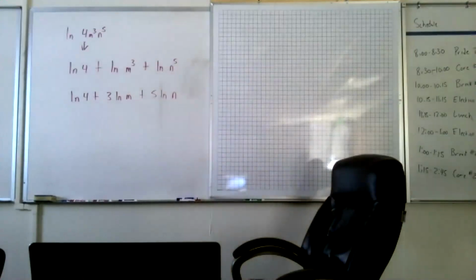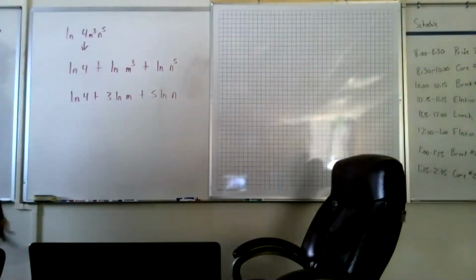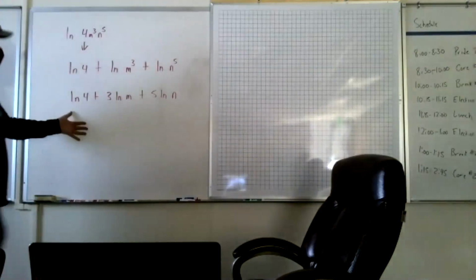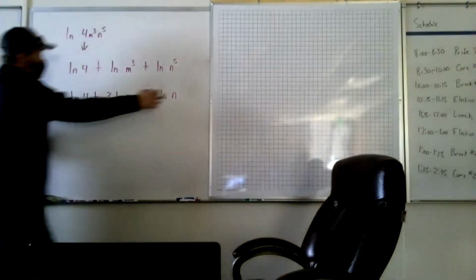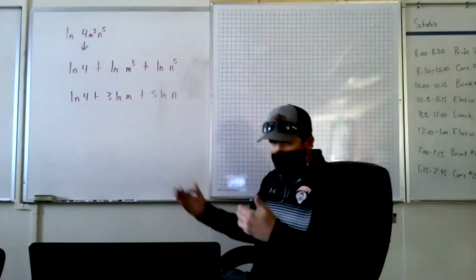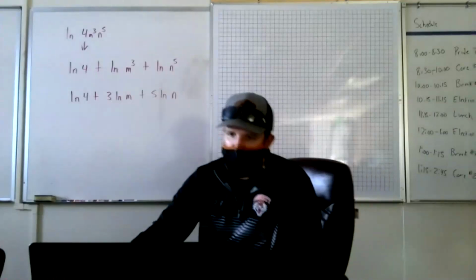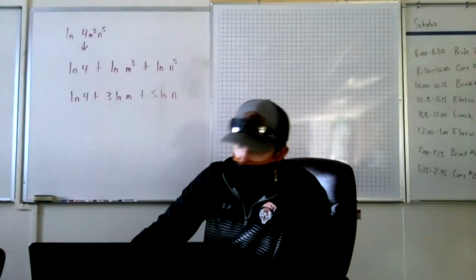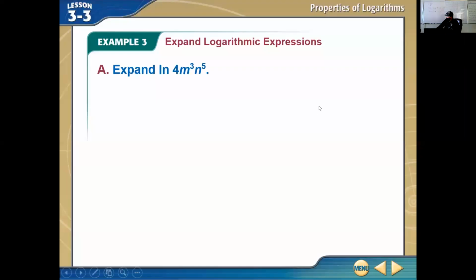Understand that when the directions tell you to expand it, they're not looking for you to solve it. They're looking for you to expand it out. That way we get comfortable with expanding these, and we can use some properties to help us evaluate them.